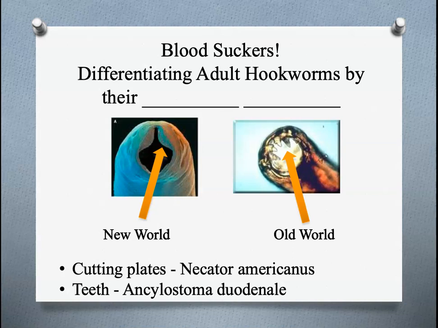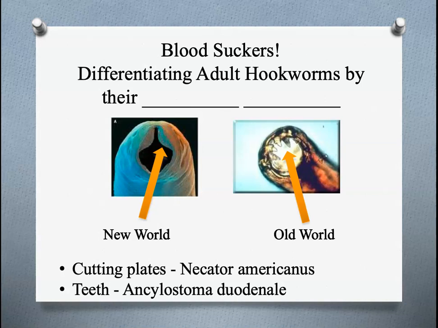The New World hookworm has cutting plates in its buccal cavity or buccal capsule. The Old World hookworm has teeth in its buccal capsule. So that's what goes in the blanks up top, differentiating adult hookworms by their buccal capsules.